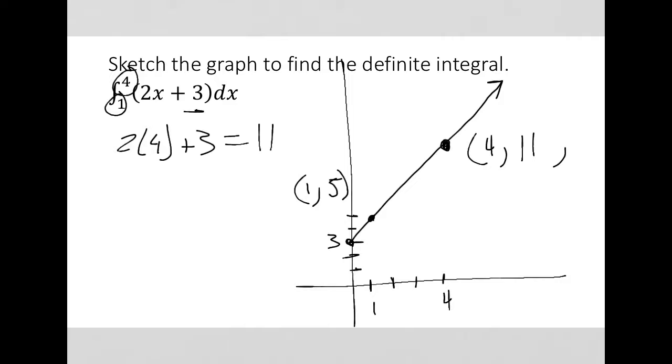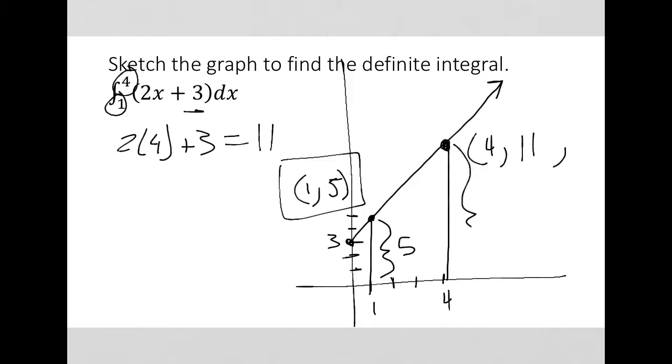And we want to find this integral from 1 to 4. So we're dealing with this trapezoid right here. So let's figure out that base right there is 5 because we found that point. This base right here is 11 because we found that point.